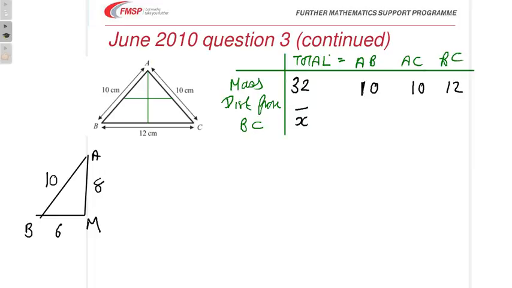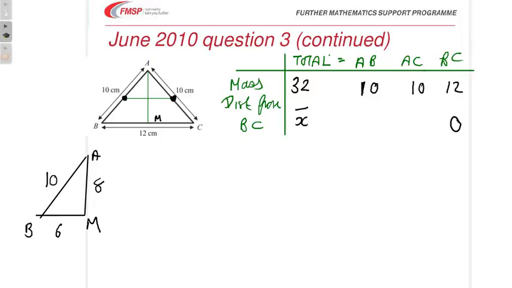Now distances from BC. The easy one is rod BC, where the distance is 0. And for rods AB and AC, the centres of mass of the rods are halfway up the rods. So the distance from the bottom is halfway up this line, A to, let's call that point M. Now here's a triangle showing you an enlarged view of AMB.